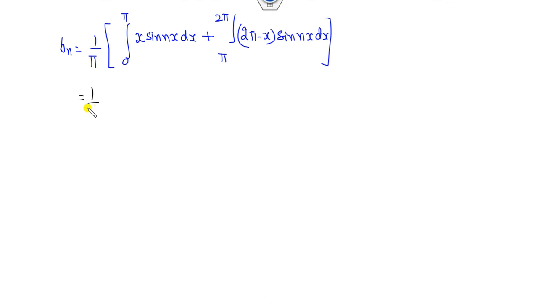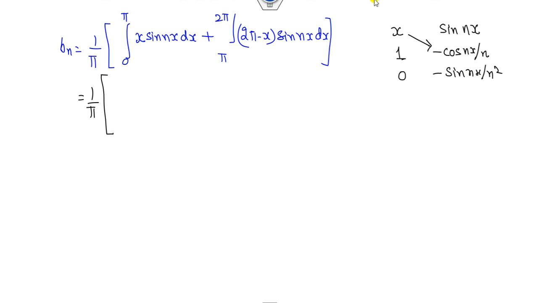Now I can substitute this value. What is the limit of integration of this? One is x, second is sin nx. 1, 0, minus cos nx over n, minus sin nx over n square. This with the positive sign, this with the negative sign.